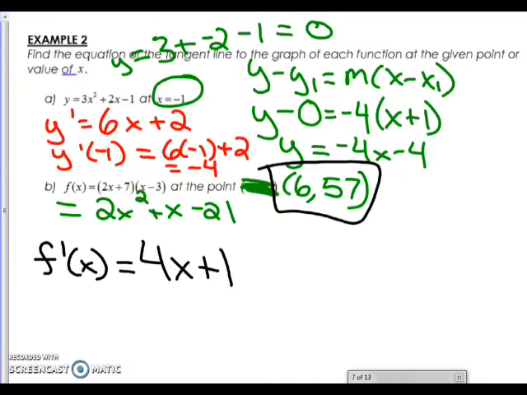Okay, so we have an x value here. Now, since we're trying to find the slope, we're going to plug that into the derivative. Again, make sure you understand what you're plugging in and what you're going to get as a result. So if you plug into the derivative, you're going to get the slope of the tangent. So I'm plugging in x equals 6 there. So 6 times 4 is 24 plus 1, right? So I get a 25.